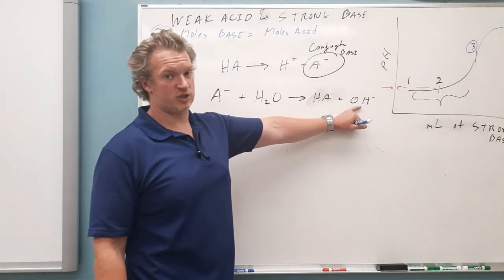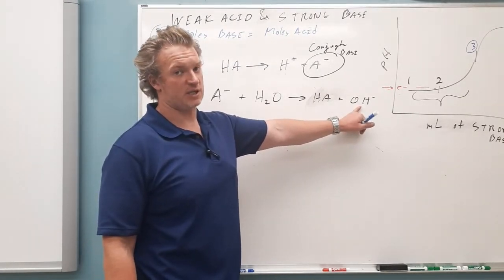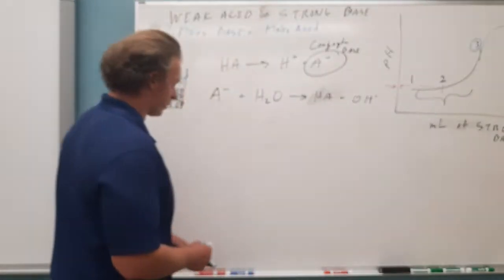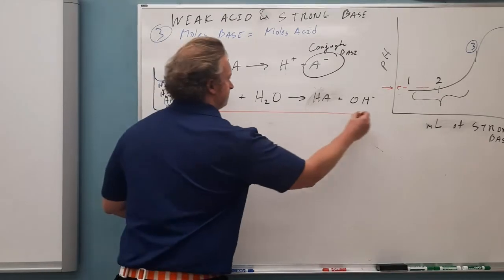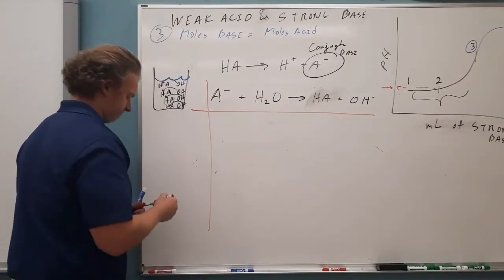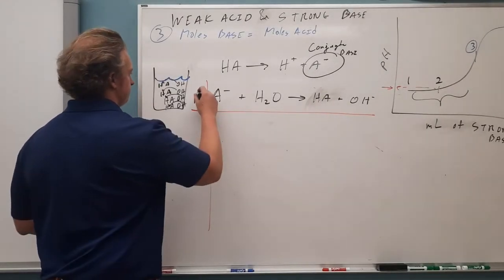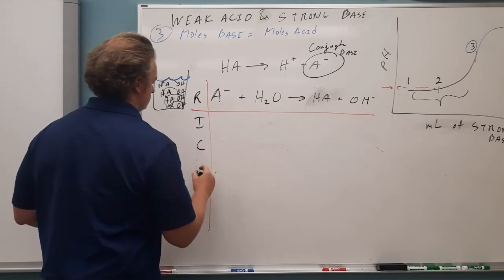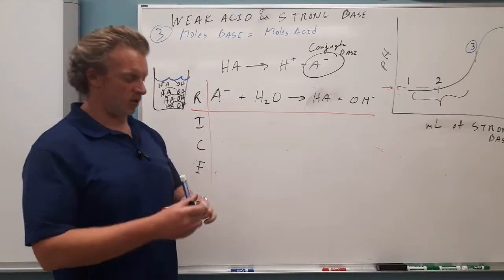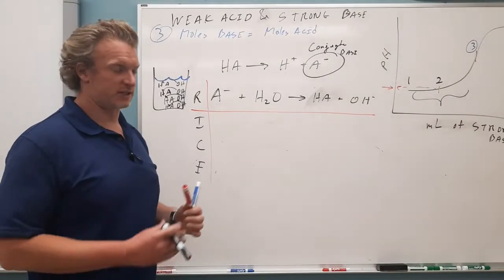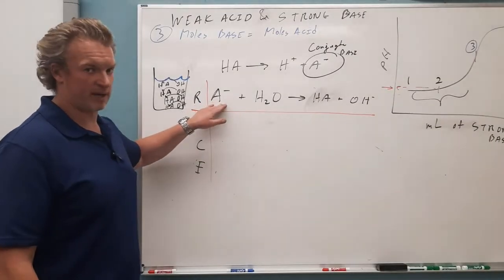This right here is changing the pH, making the pH higher, increasing. We run a Rice table. When the moles of acid equals the moles of base, we run a Rice table of the conjugate base.